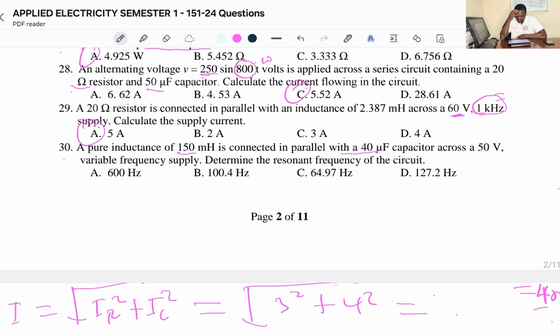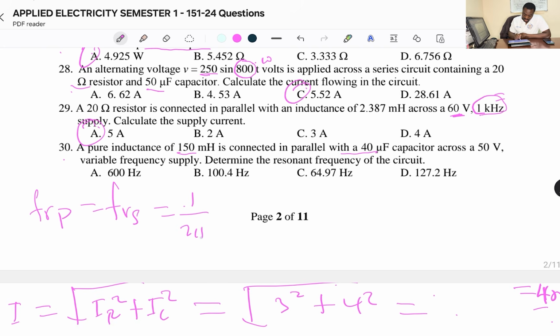The resistance is missing. So if the resistance is 0, then the parallel resonant frequency becomes the same as the series resonant frequency, which means, and the formula is what?